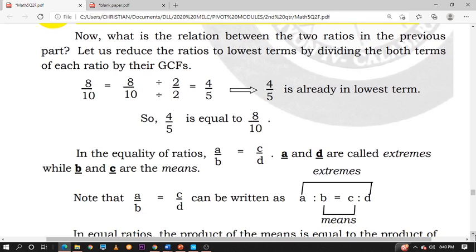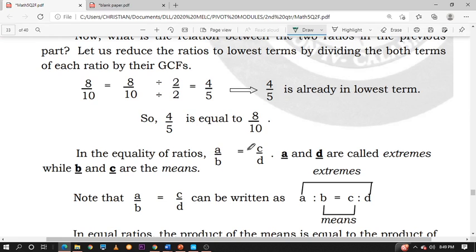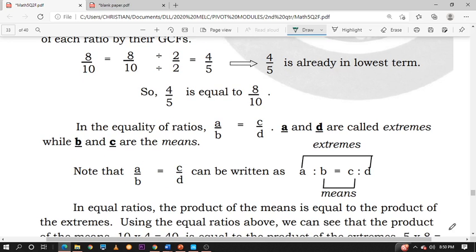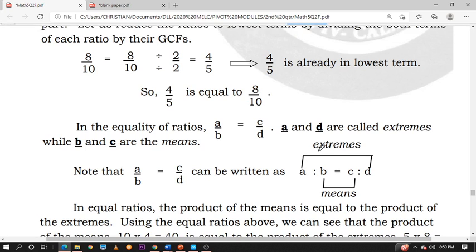In the equality of ratios, A is to B as C is to D, A and D are called the extremes, and B and C are called the means. In column form, the first and last, on the outside, are the extremes, and the ones in the middle, B and C, are the means.